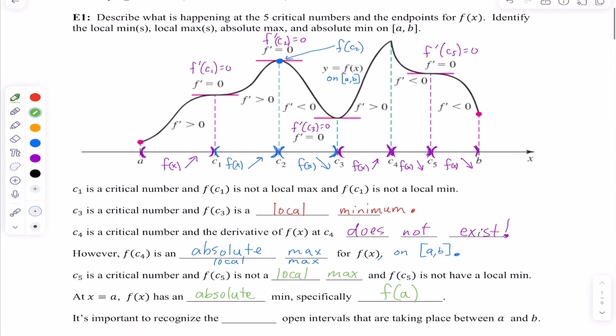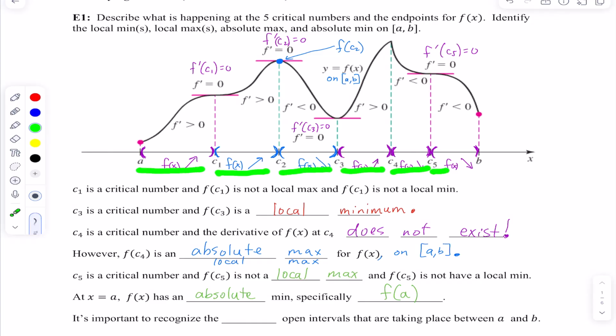It's very important that you're able to recognize the open intervals. And we're going to use this later on as a number line test. So we want to be able to specify the open intervals, and they're usually separated by critical values or critical numbers.